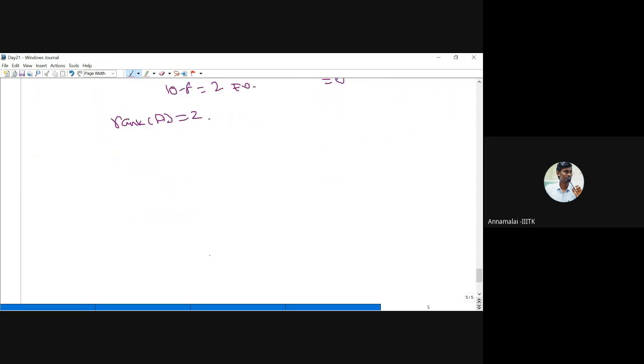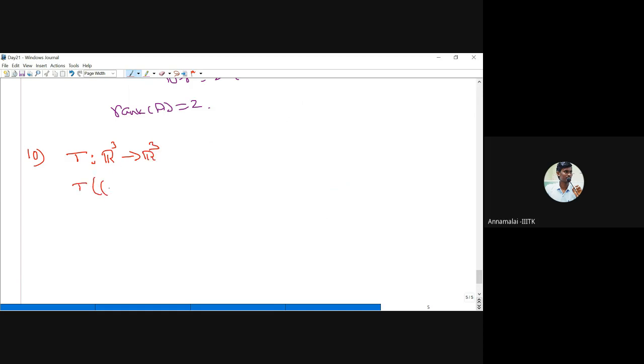Now, one more problem from linear algebra. 10th problem or something. Okay, anyway, write that. Suppose we have a linear transformation T from R3 to R3 defined by T of x1, x2, x3 maps to again an ordered triple: x1 minus x2 in the first position, again x1 minus x2 in the second position, and the third position is 0.